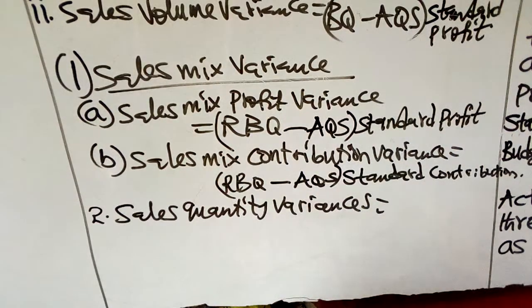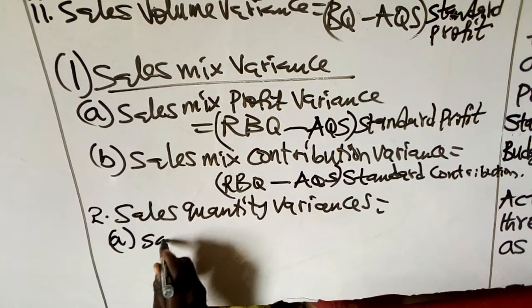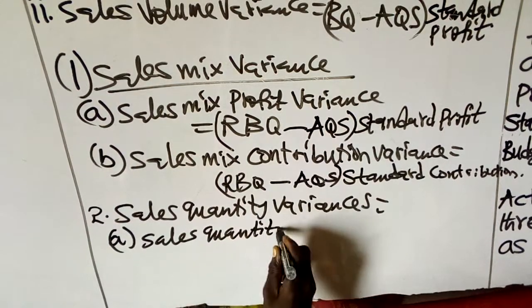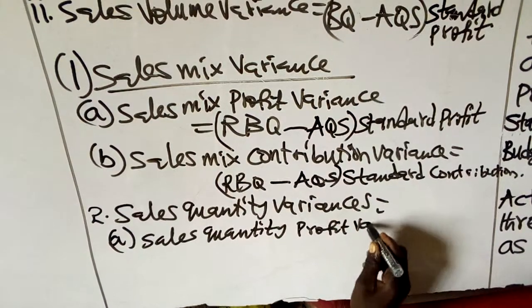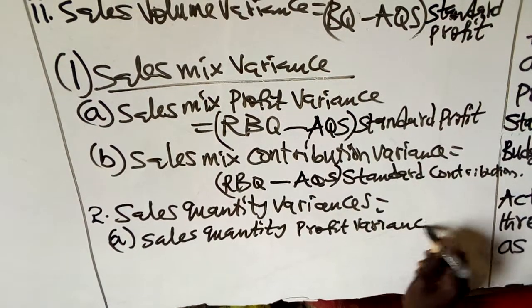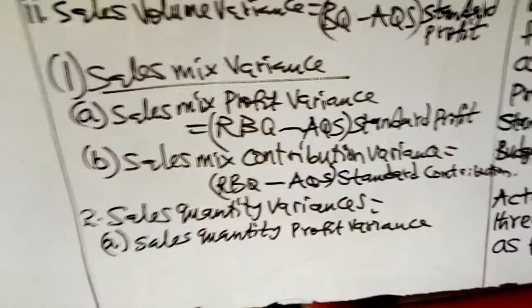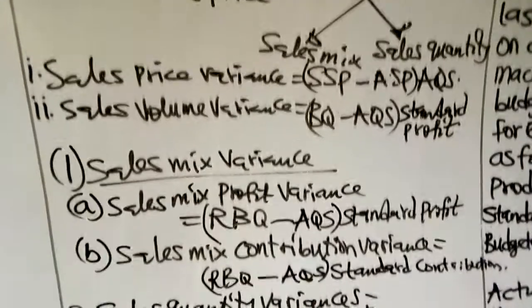Sales quantity profit variance. Remember, this is the variance that replaces material yield variance.